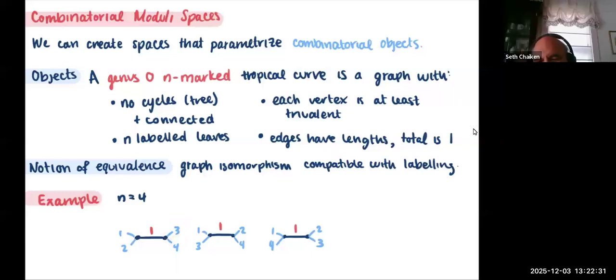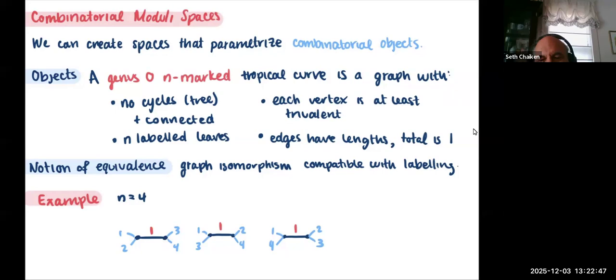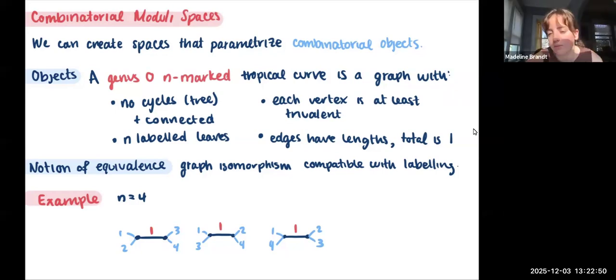So you couldn't have an eighth for the blue ones and a half for the black one? No, the leaves always don't contribute to the total length. Oh, it's just the internal edges. Yeah. Okay, thanks.